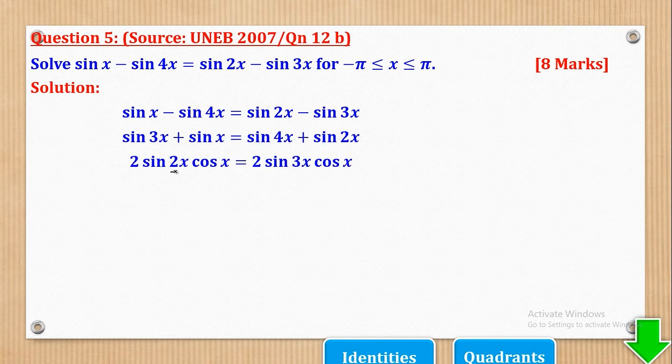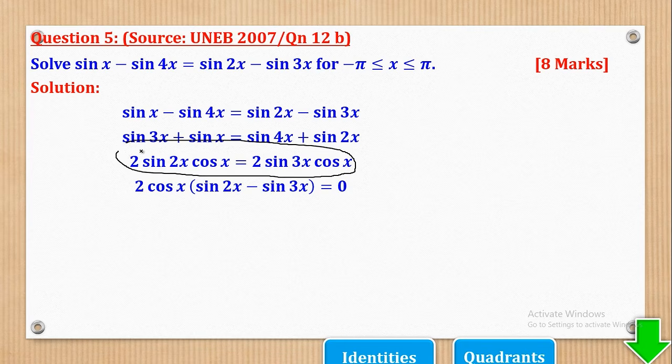So after that I can do factor formula. Realize that now the angles are whole numbers, they are not fractions. Then from there you realize that this and that are common. But now the mistake most students make is that when they reach this step, they will say that this 2 cancels, and also this cos x cancels with that.